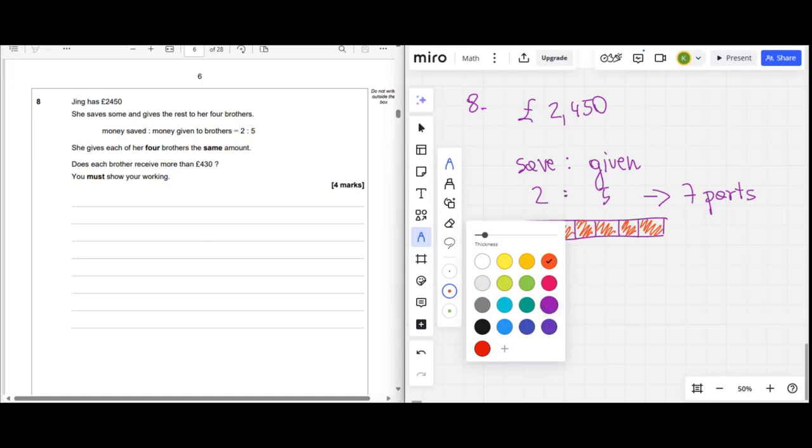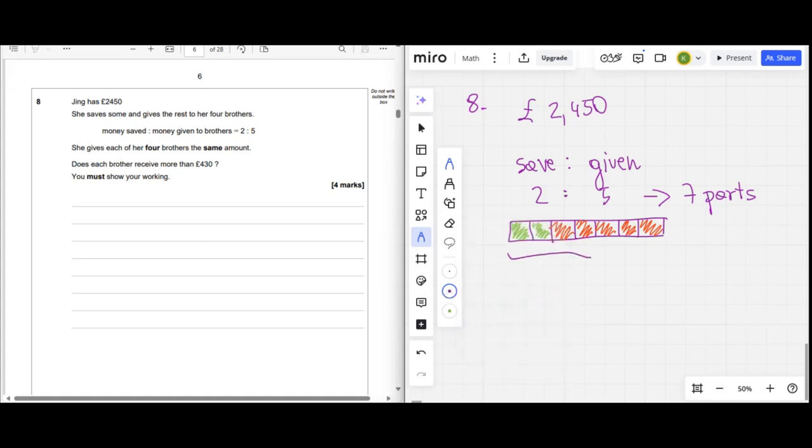Those parts are equal, and the total of it is 2,450. So how much is 1 part? Divide it by 7. Yes. Which is 350.